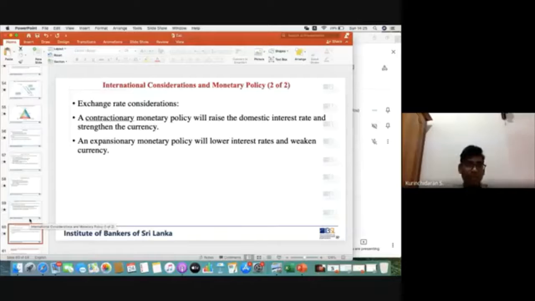But at the same time, an expansionary monetary policy will lower the interest rate and weaken the currency. So if the rest of the economies go for a contractionary or an expansionary monetary policy, finally that's going to affect the exchange rate, right? So when the exchange rate is affected, that's going to affect the rest of the world as well.